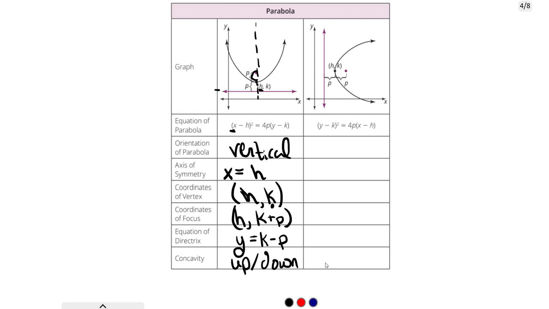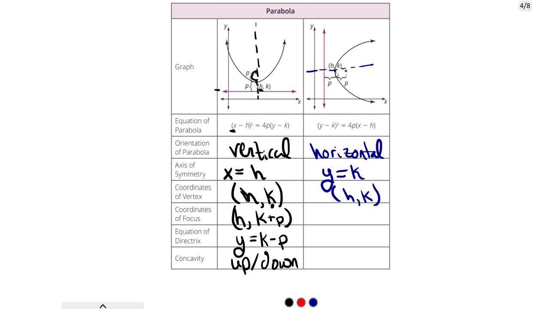So let's take the other side. Let's look at it from the other perspective when it's horizontal. Then our axis of symmetry is going to be y equals the y value of our vertex, which is k. Our coordinate of our vertex is still the same thing, (h, k).